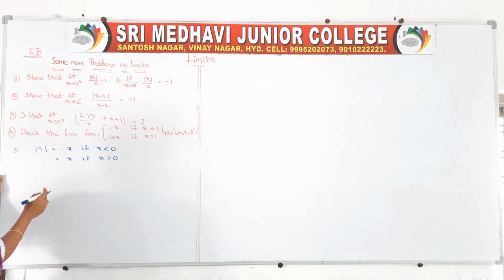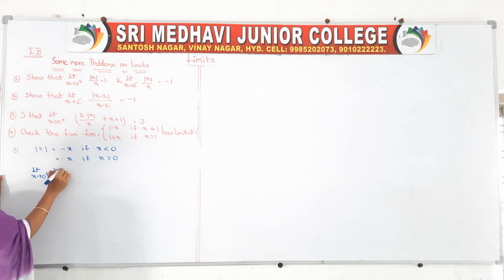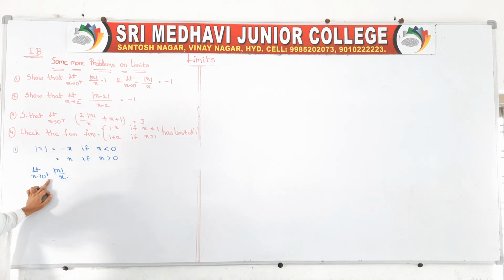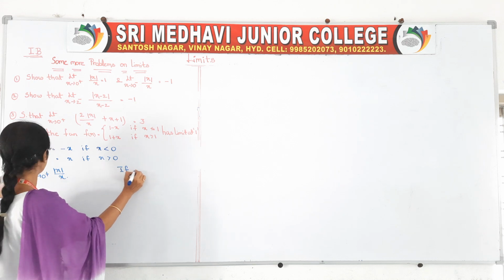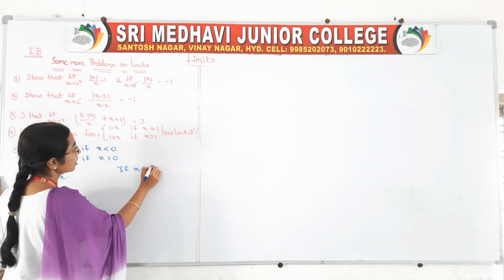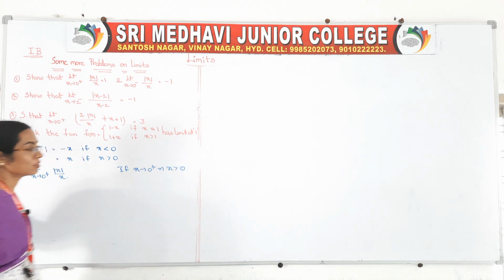So first you take your limit x tends to 0 plus mod x by x. What is the meaning of 0 plus? If x tends to 0 plus, it means x is greater than 0.